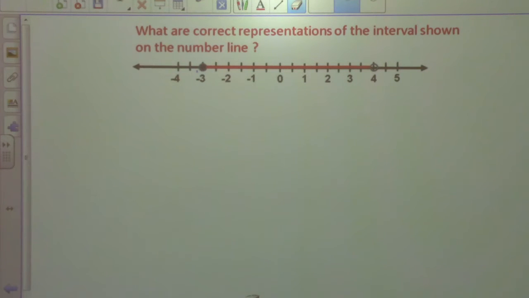What do you think should be a representation of this? Would it be like in that order? Would it be -3? Negative infinity? Would it be less or?